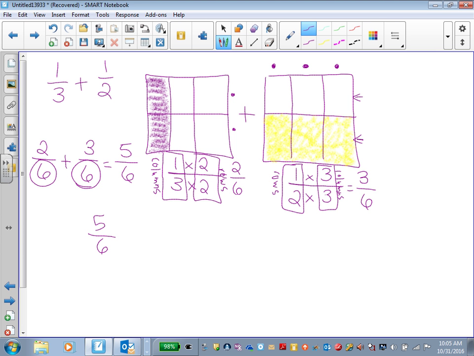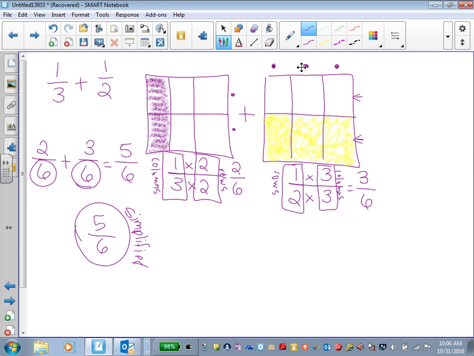Okay. So the only things that you could divide 5 by to get an even answer are 1 and 5. Well, if you divide by 1, you're going to get the same thing. And 5 cannot go into 6 without getting a remainder. So then this is your simplified answer. So it's already simplified.